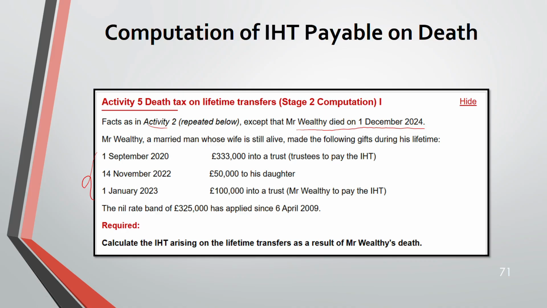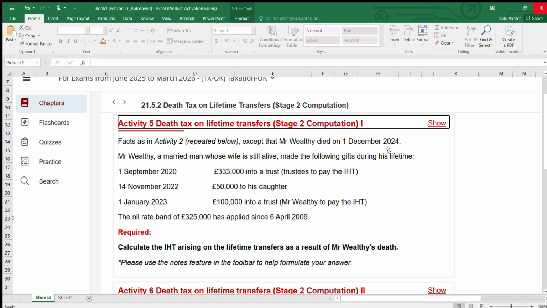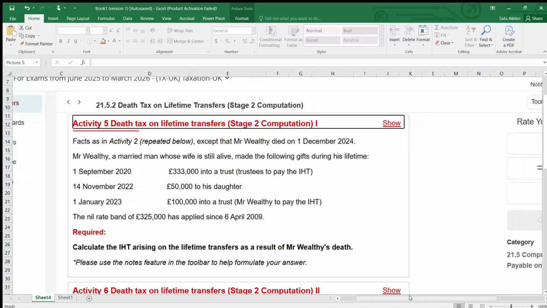Same information as activity 2. So let us calculate IHT. Now as Mr. Wealthy dies on 1st December 2024, we have to include all the CLT and the PET 7 years back, that is from 2nd December 2017 to 2024.